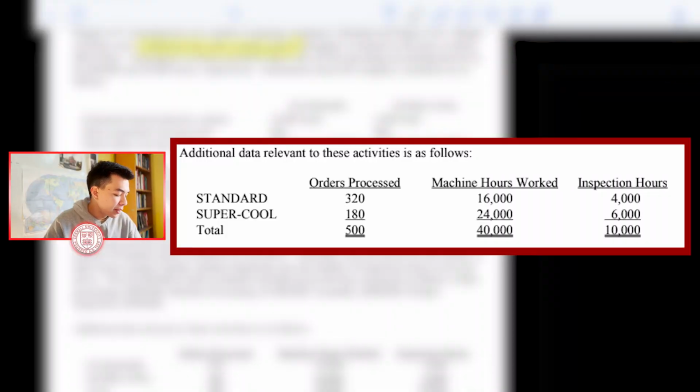In ABC costing, you take that initial overhead cost and break it up into little chunks, and each little chunk is allocated by a different thing. Like one part of the overhead is allocated by inspection hours, another part by assembly hours, etc. They give us additional data about the orders processed, machine hours worked, and inspection hours.